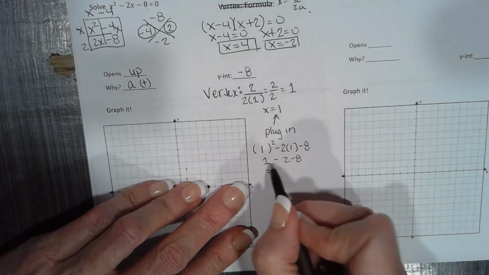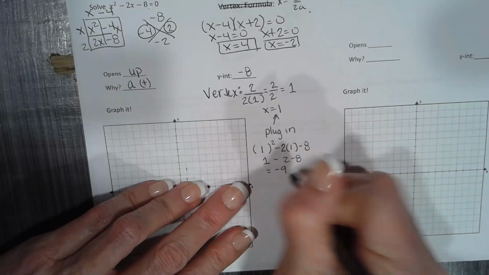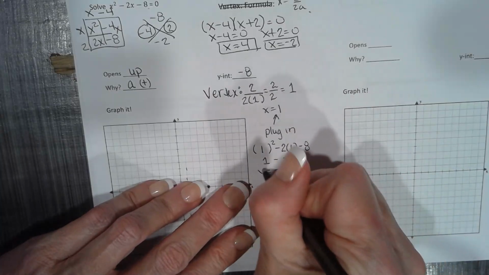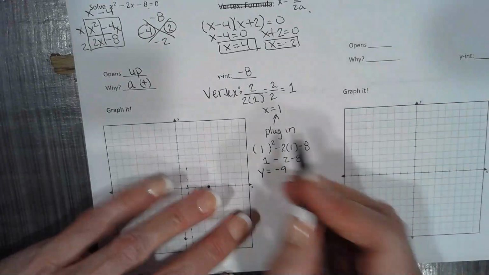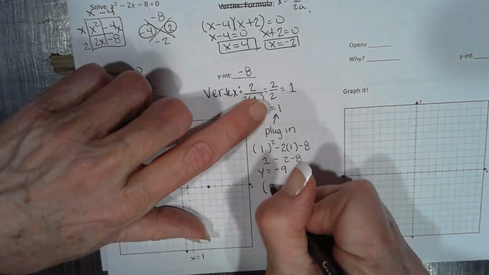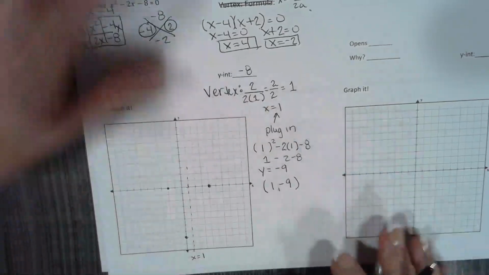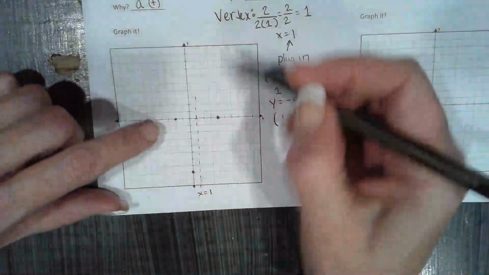When I do the math, it's -1, it's -9. So this is the y part, and this is the x part to my vertex. My vertex is 1, -9. So let's graph that.